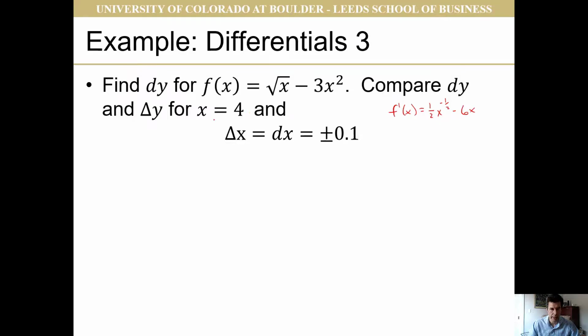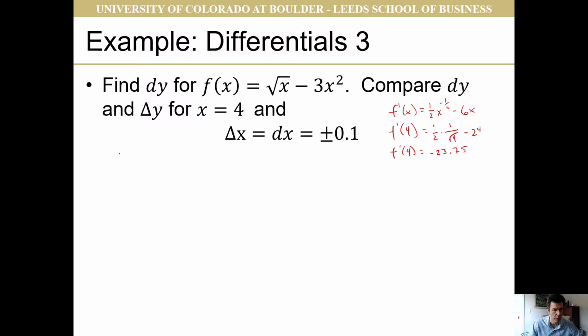We need to calculate f prime of 4 for both of these. F prime of 4 is equal to 1/2 times 1 over square root of 4 minus 24. That's 1/4 minus 24, which is minus 23.75.